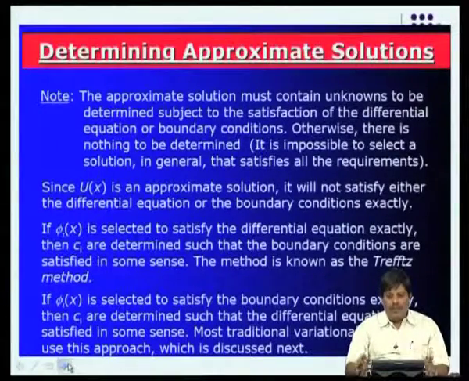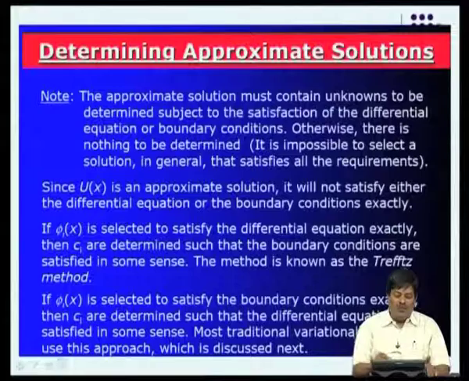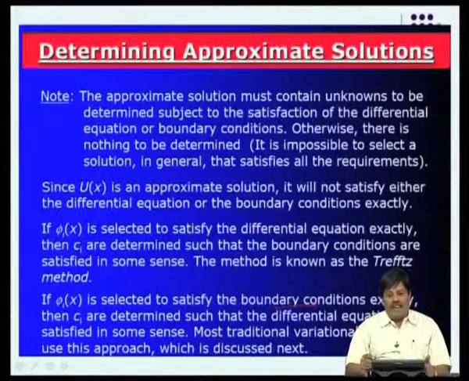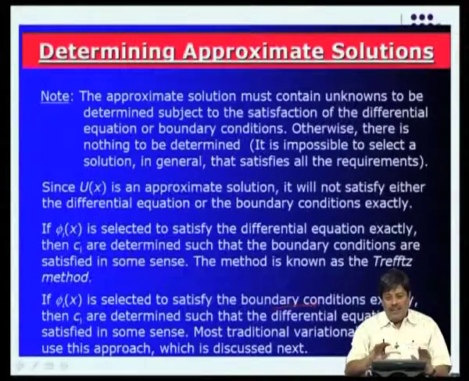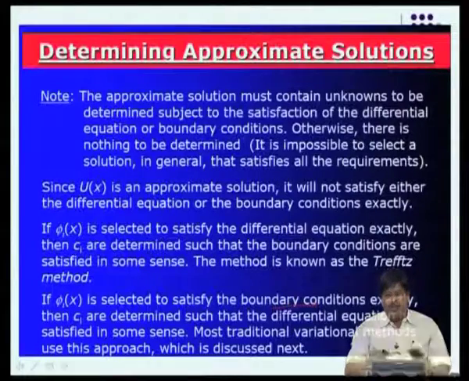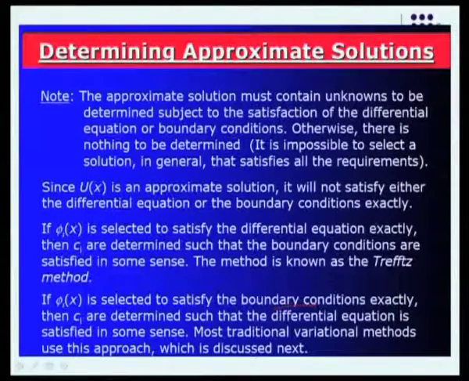So, most of the methods that I am going to describe in this lecture are based on the premise that we choose the functions phi of x in such a way that they satisfy the boundary conditions exactly and the governing differential equation in some approximate sense.